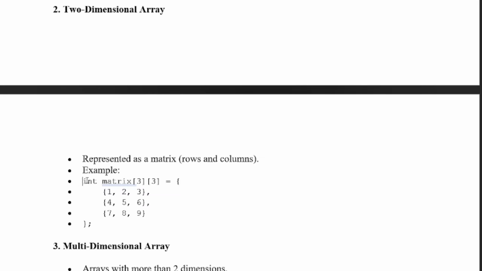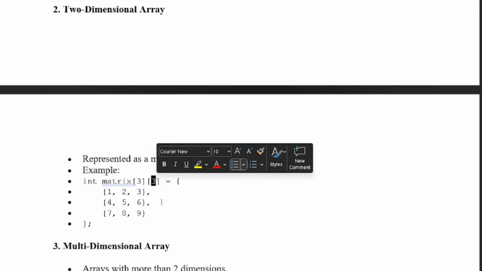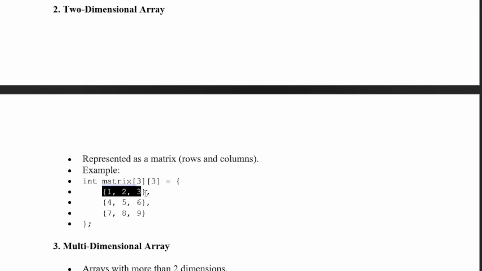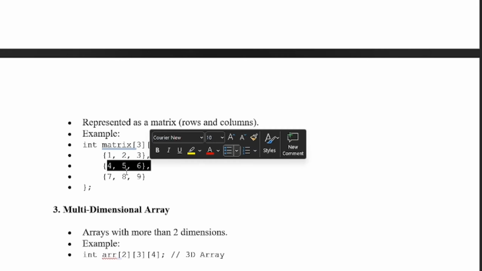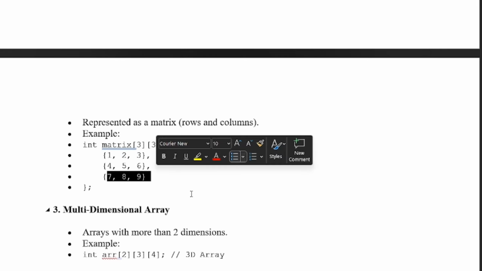First we declare our data type, then we declare our array name matrix, and this is the size of row and this is the size of column. So you can see this is our 3 by 3 matrix, and we also initialize it with some values. The first row contains 1 2 3, the second row contains 4 5 6, and the third one is 7 8 9.